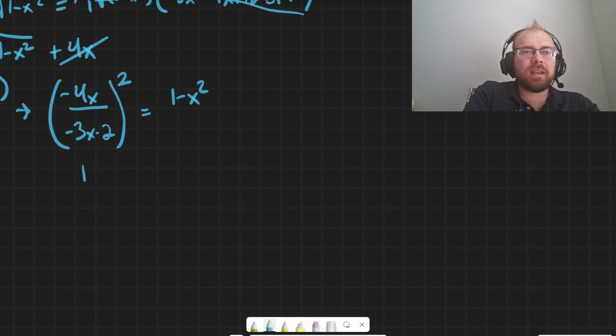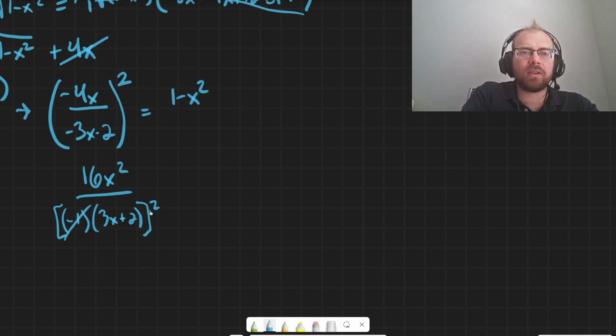So that's going to be a 16x squared over, and then if I square this bottom part, I think I might just, because if I factor out a -1, that would be a -1 and then a 3x plus 2. And the -1 squared is just +1, right? So I can make that positive.